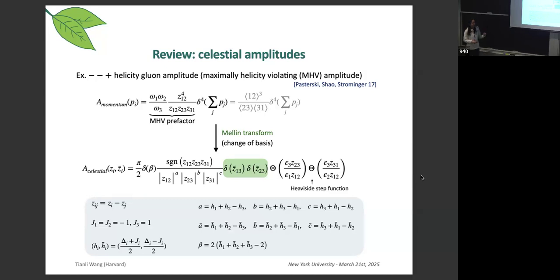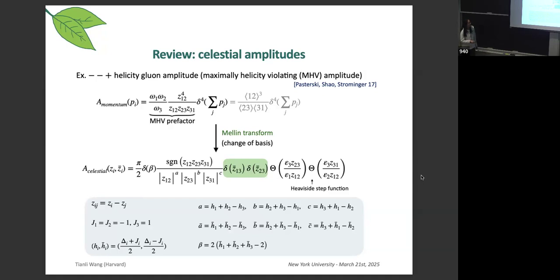But I'm only presenting this as an example of a singular celestial amplitude in 2-2 signature, and the rest of the calculation in my talk will be back in Minkowski. Although eventually we still have to relate to 2-2, as you'll see in a minute. Okay, any other questions?